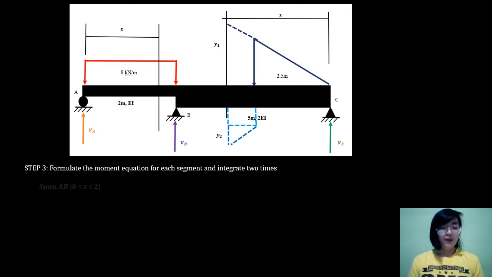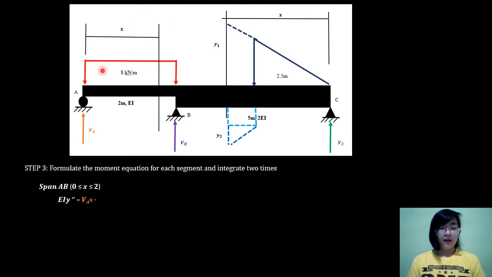Now, for span AB, EIy double prime is equal to ano yung mga forces sa side na to. We have VA pataas, di ba? Clockwise. So, we will have VA times yung distance, which is x, VAx.